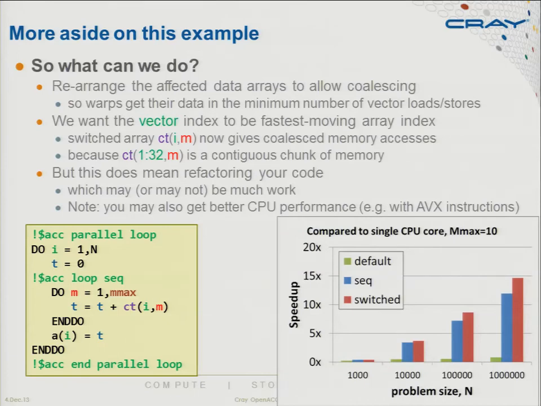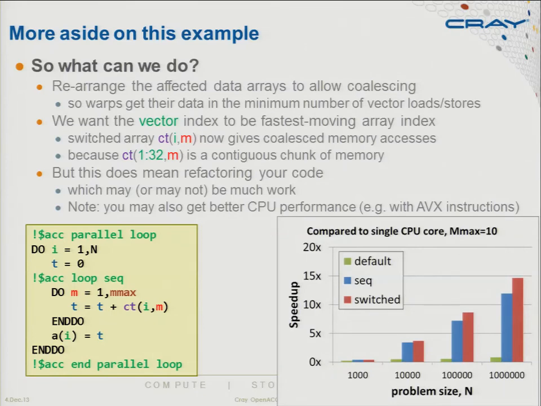So I did some experiments with this code for different values of n. I ran it with just the default schedule, so it was vectorizing the inner loop that was too small. Then I said, OK, make the inner loop sequential, but the data is now the wrong way round in memory. And then I said, OK, let's transpose this array in my application, which is only a test case, and see what happens.